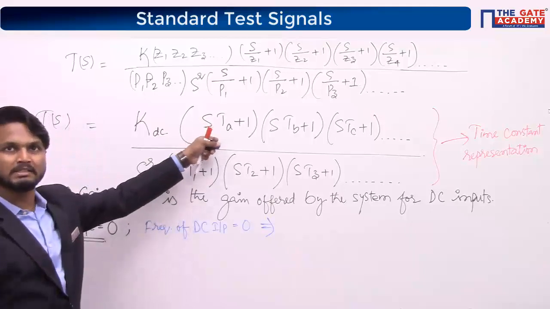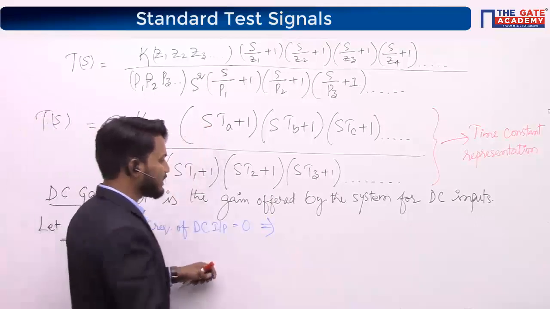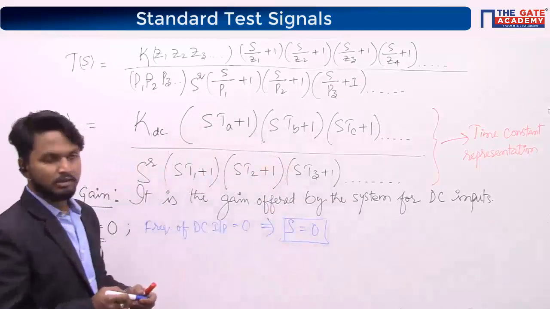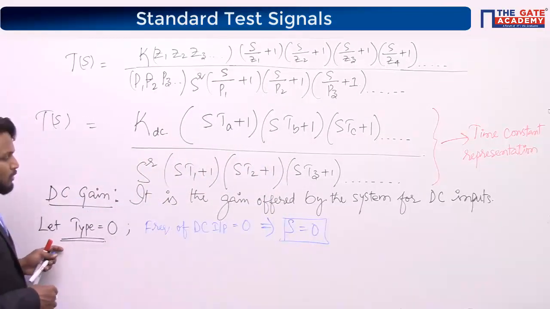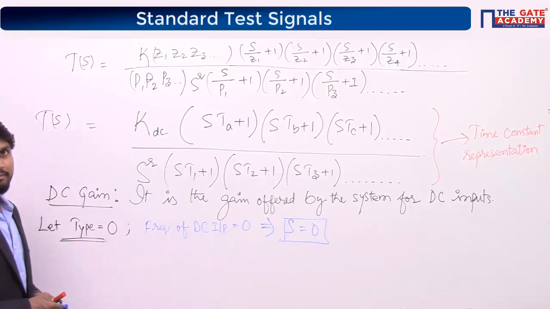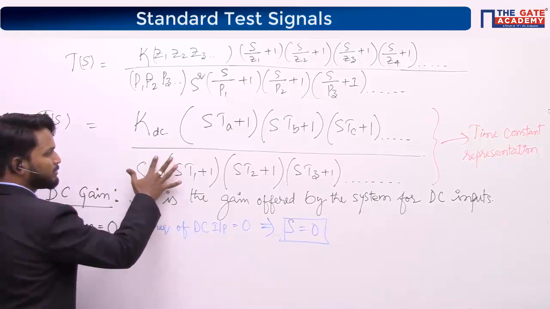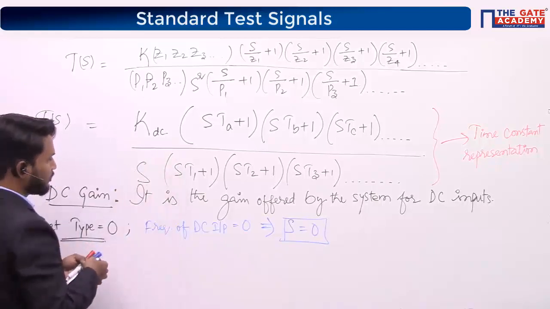Frequency here is S, yes or no? Which means S is equal to 0, right? So for a type 0 system, in which R is 0, right?